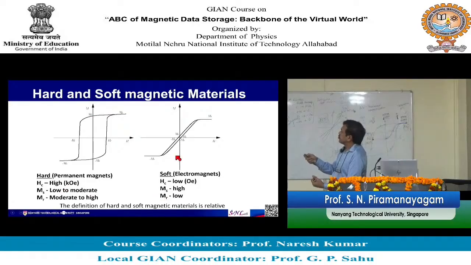The remnant magnetization is very low for soft magnetic material. You see, this is the saturation magnetization, and the remnant magnetization is very low. So this is how we differentiate between hard and soft magnetic material. As I mentioned before, there is no clear rule to define which is hard, which is soft. It's all relative.